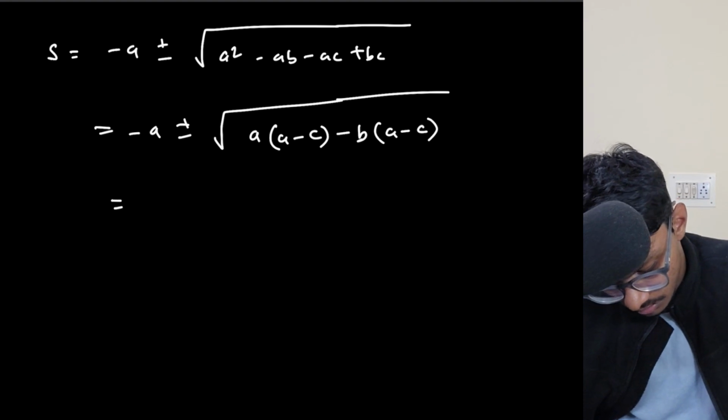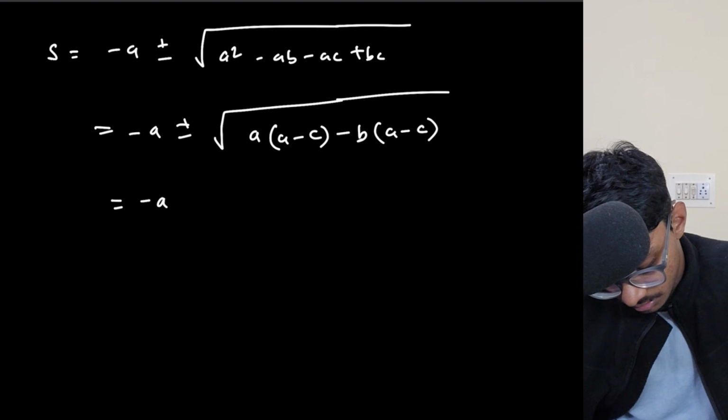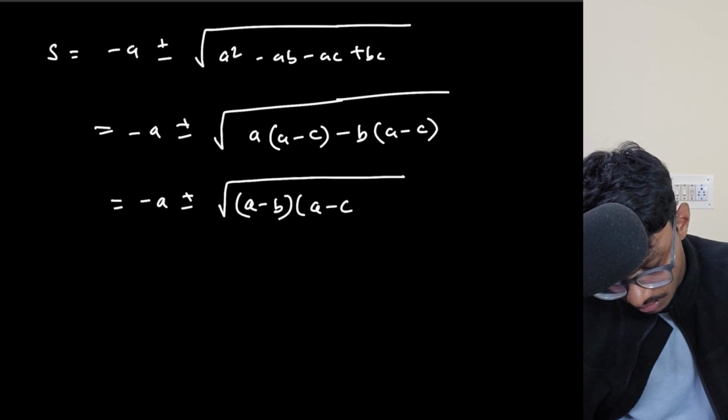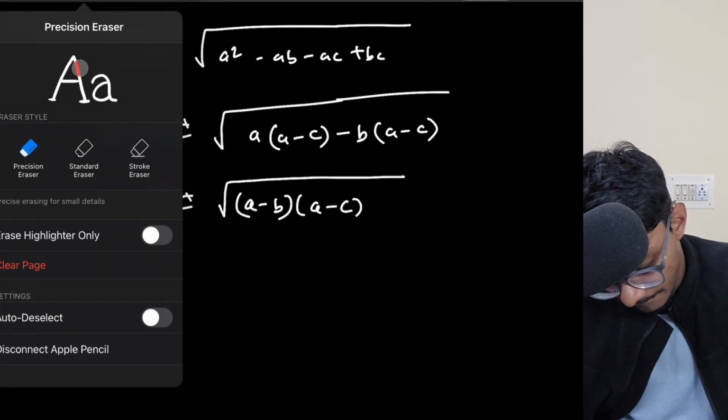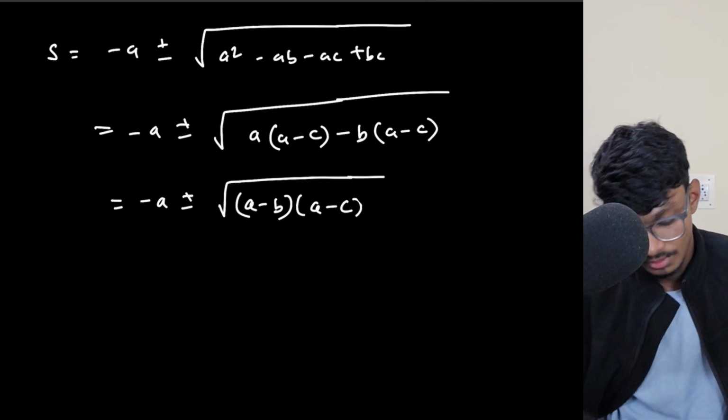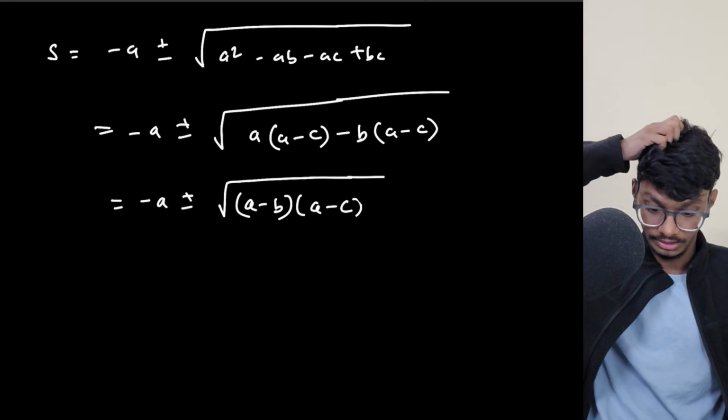So this one will become something like this, under root a plus minus a minus b into a minus c itself. Okay, so this is how my equation will look like basically.